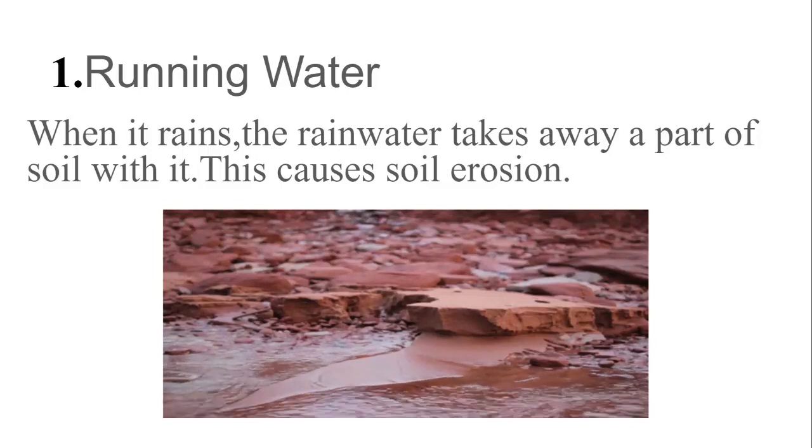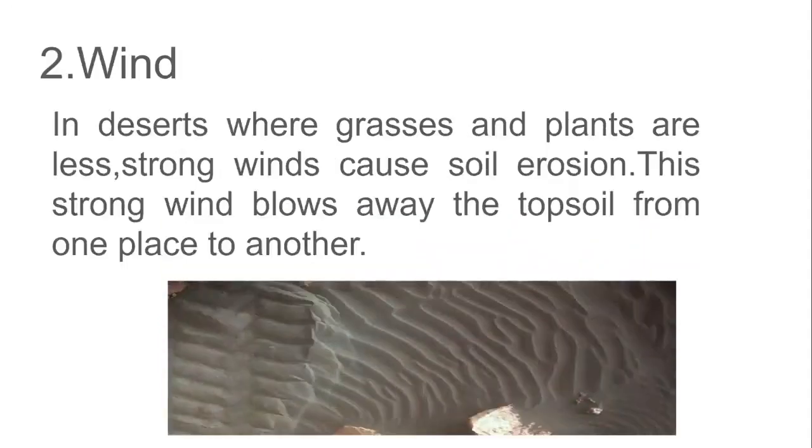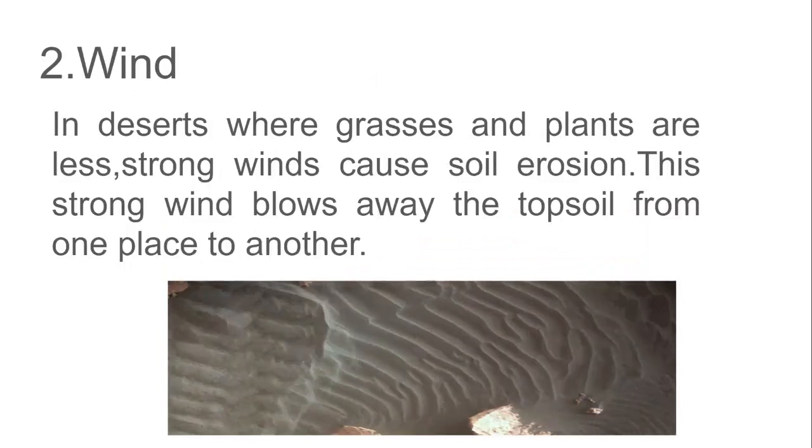Children, thus more and more soil is carried by river water as it flows down. Another cause of soil erosion is wind. Children, in deserts where grasses and plants are lesser, strong winds can easily cause soil erosion. This strong wind blows away the topsoil from one place to another, thus making the land barren.